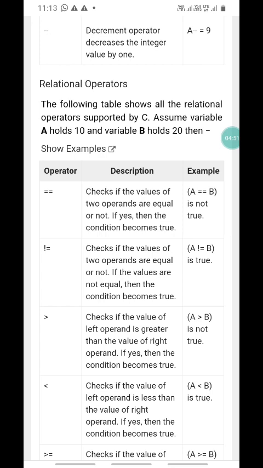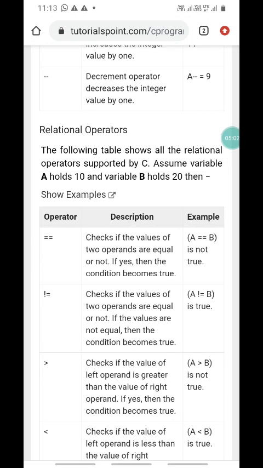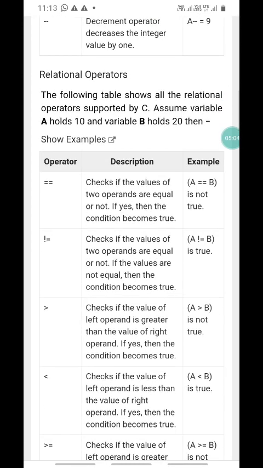These are the values stored in A and B. So the first one is double equal to. The relational operator checks whether a condition is equal or not. Double equal to checks if the values of two operands, meaning variables, are equal or not. If yes, then the condition becomes true.